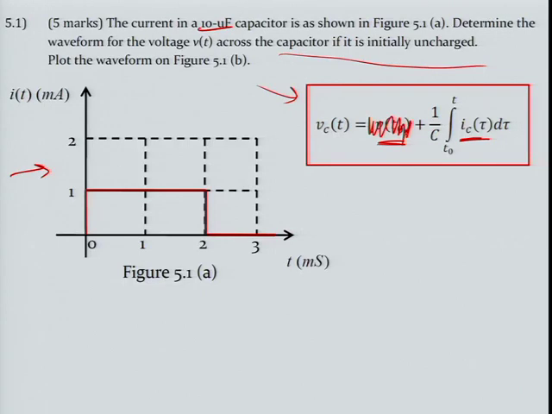That's 0. And we're told C is 10 microfarads, which is 10 times 10 to the minus 6 farads. So you just need to know what micro means.